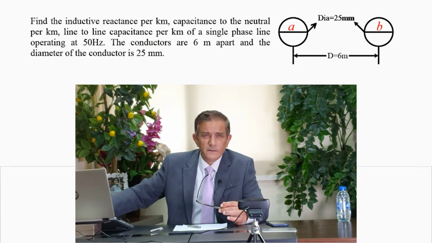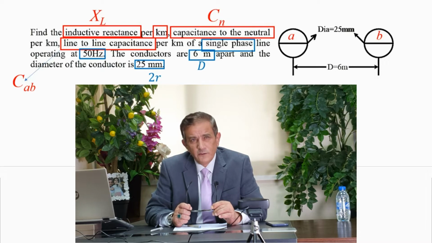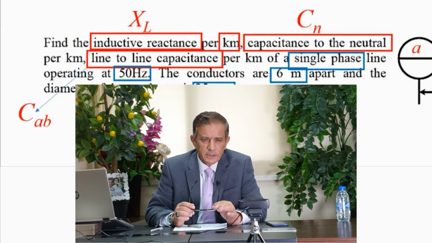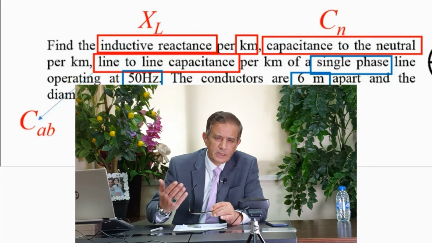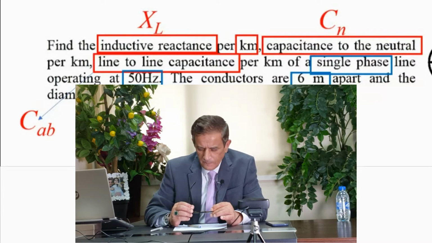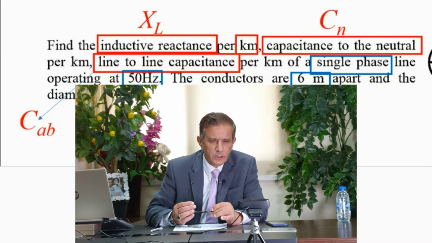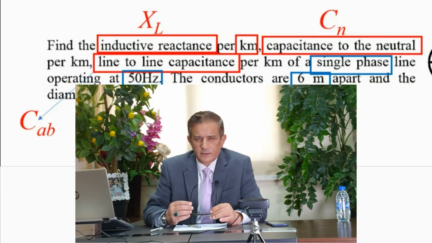In this question, we have this information. He's asking about inductive reactance, not inductance, inductive reactance per kilometer. Per kilometer is important, because our formulas, all of them are per meter. If you remember when we derived these formulas, all of them are per meter. Capacitance to neutral: here, the requirement is different.